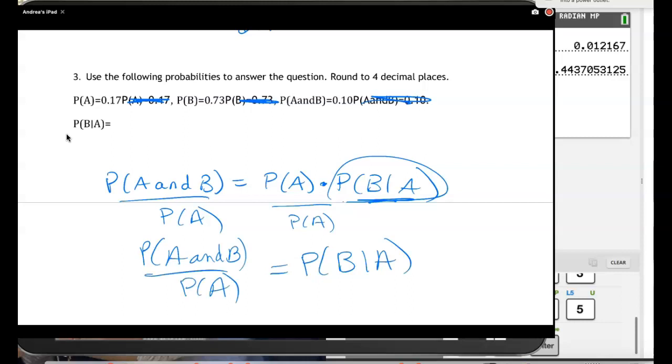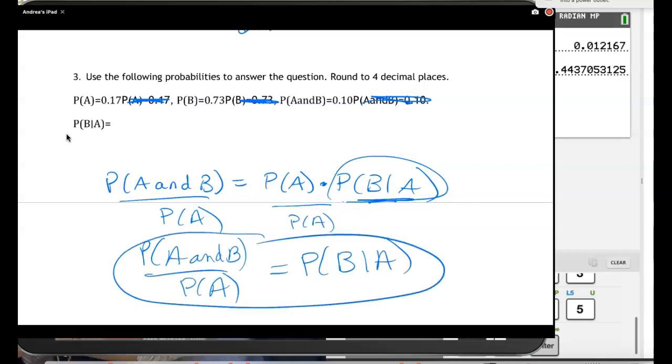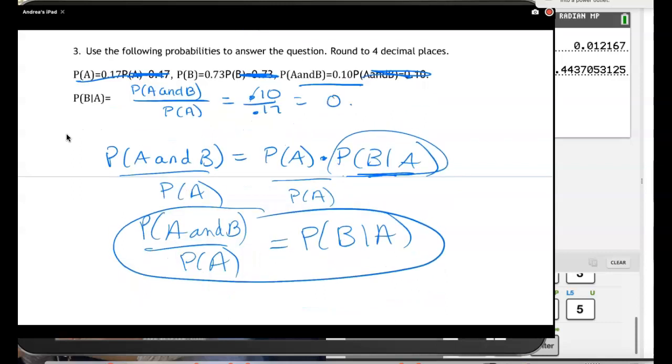Okay, so here's our formula right here, which is the probability of A and B divided by the probability of A, which is 0.10 divided by 0.17. Okay? 0.5882. Okay, makes sense?